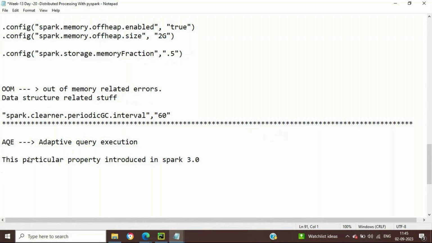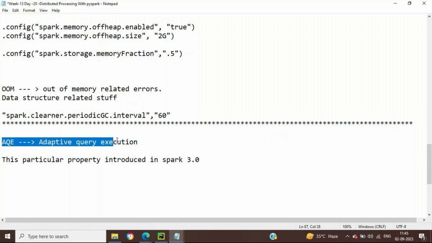Now, AQE. So, what is happening inside PySpark or Spark? Spark is lazy in nature, and it is going to prepare a DAG, and based upon the DAG, the execution will happen.